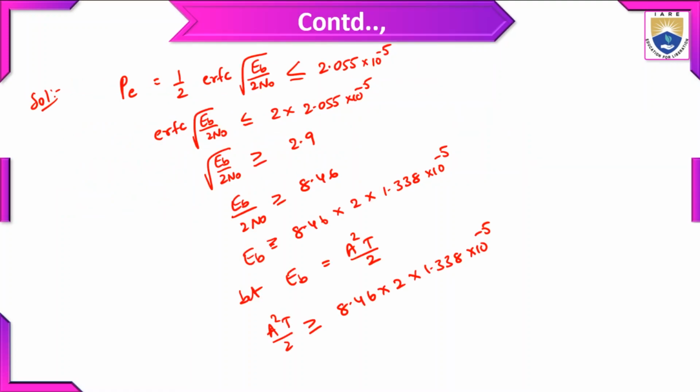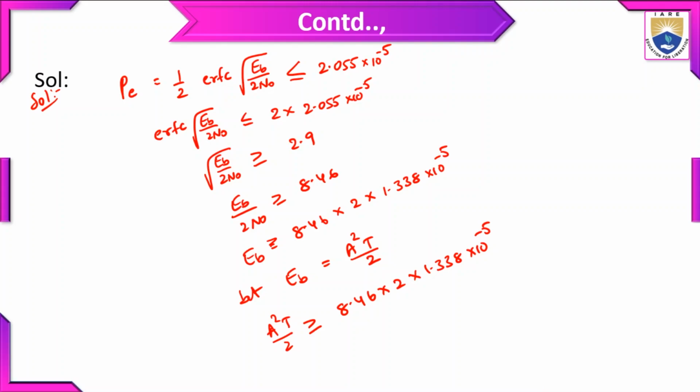So here you can see we considered the probability of error as less than or equal to 2.045 into 10 power minus 5, and again you substitute the probability of error in terms of energy per bit and noise density.